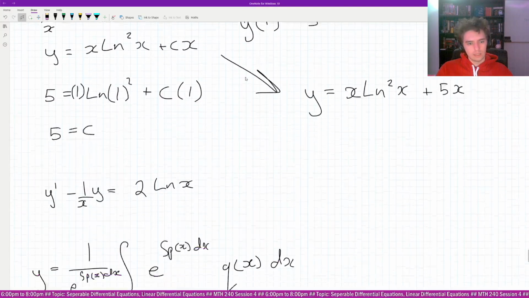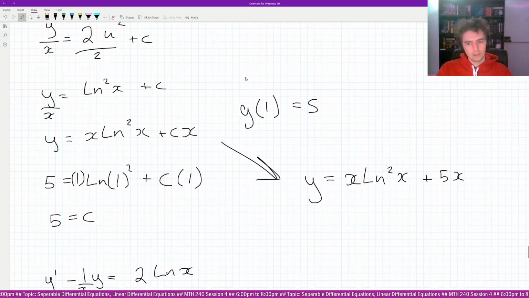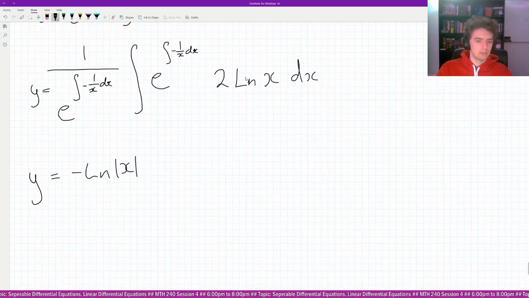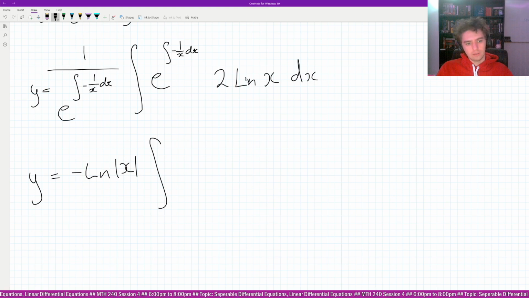Hold on, how is it negative ln absolute value x? Let's just keep going. Times the integral of negative ln absolute value x times 2. I'll move the 2 to the front, and that negative out too, so it's gonna be positive. Ln x dx.